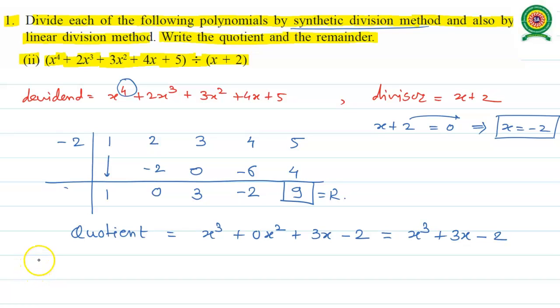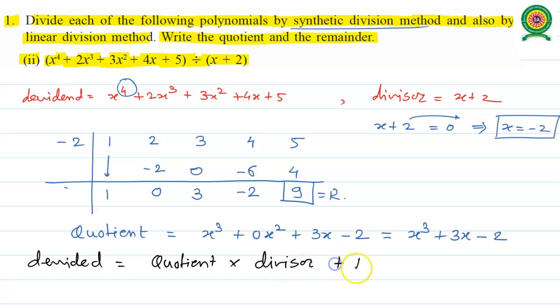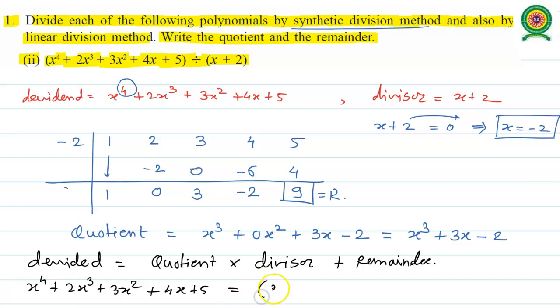Now as per Euclid's method, we can write dividend equals quotient into divisor plus remainder. So our dividend is x raised to 4 plus 2x cube plus 3x square plus 4x plus 5, while the quotient is x cube plus 3x minus 2, into the divisor x plus 2, plus remainder r, which is 9.